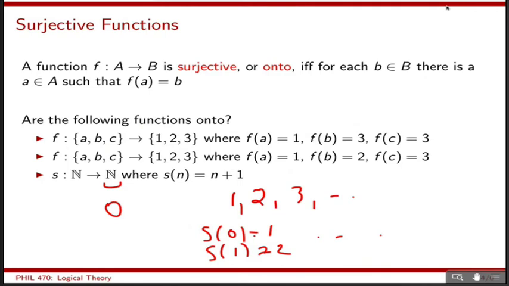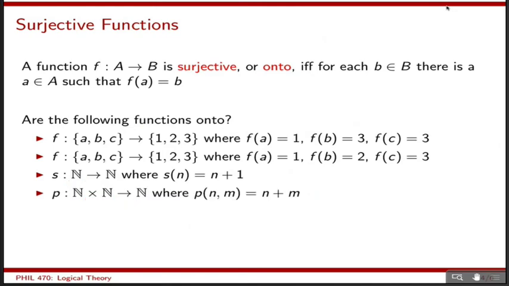But what about 0? 0 is an element of the codomain. What element is mapped to 0? Well, since the domain is all the natural numbers, including 0, there's nothing that can map to 0. So this is not an onto function.